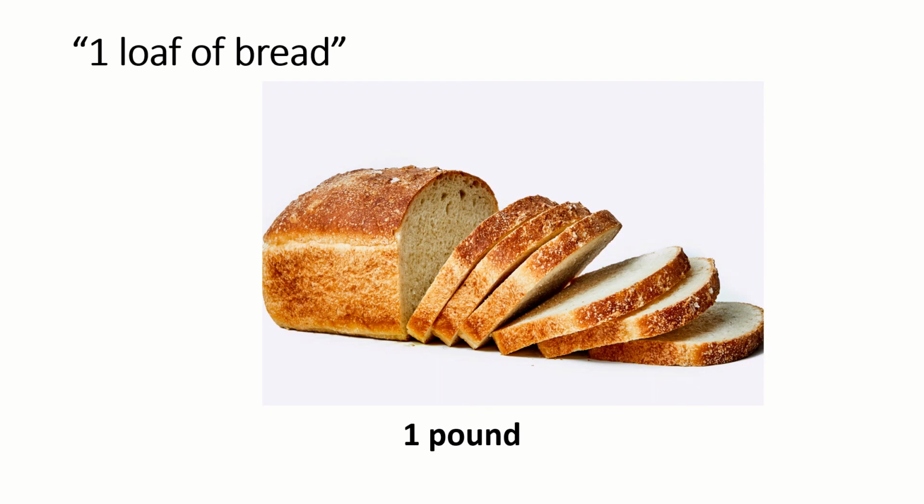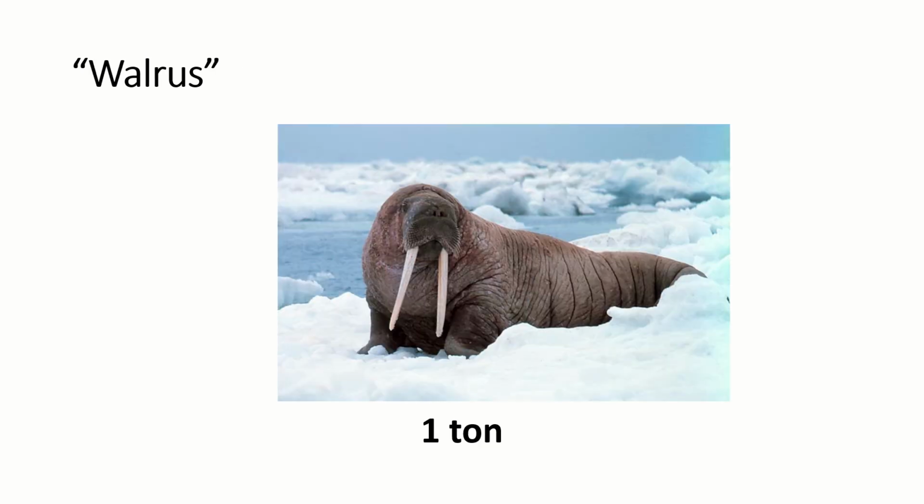So that would be 12 ounces. But approximately one loaf of bread is 1 pound. And then a walrus is 1 ton.